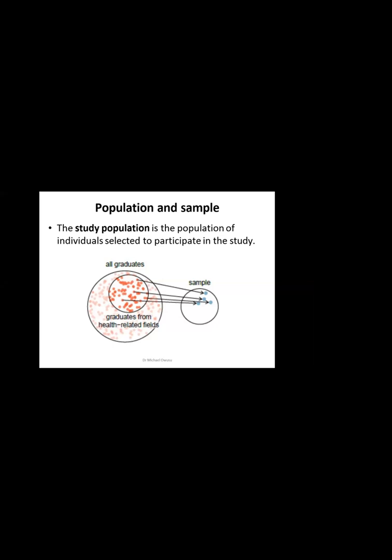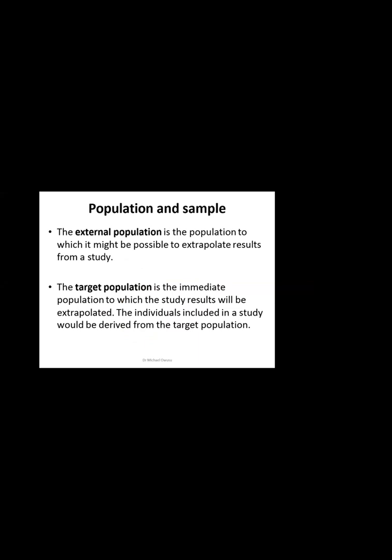So Eben, let's go back before we come back here. Good. So the external population is the population which we might be possible to extrapolate results from. So the external population can be Ghanaians. Let's say prevalence of diabetes among Ghanaians.